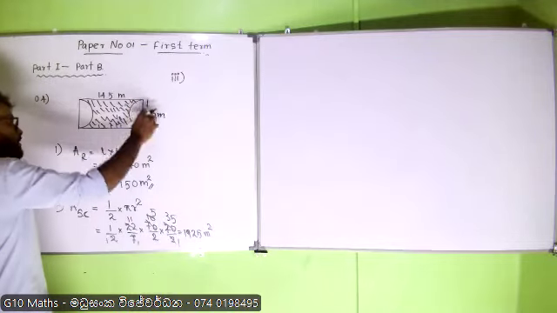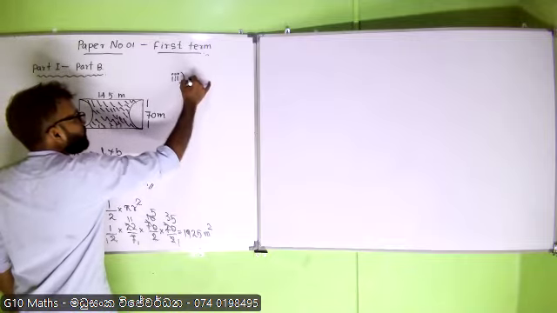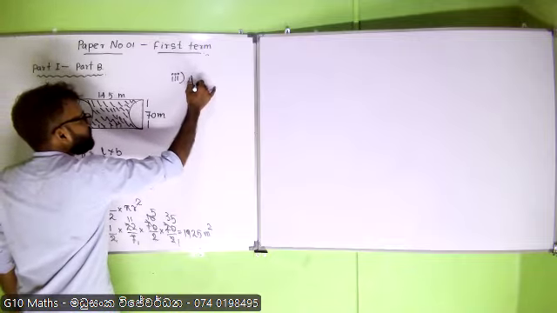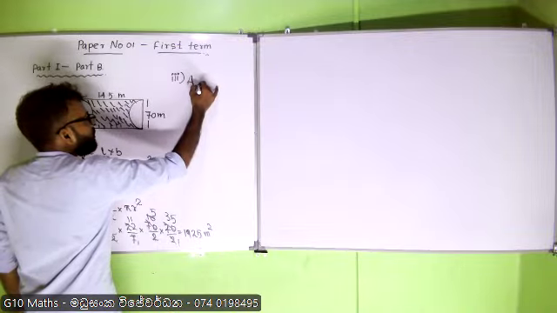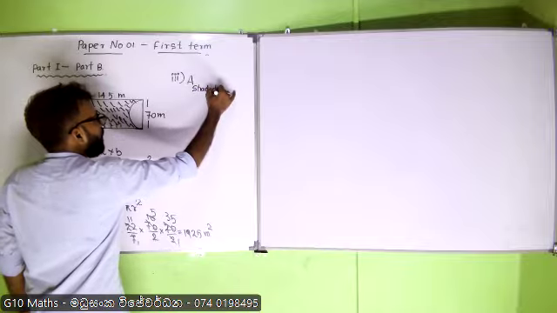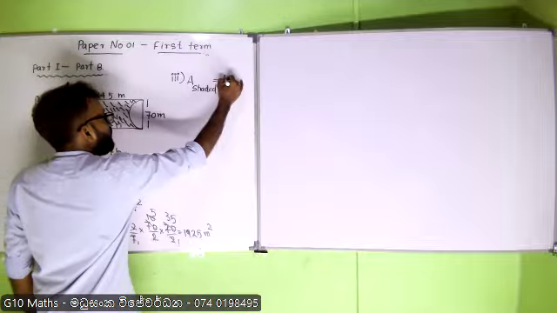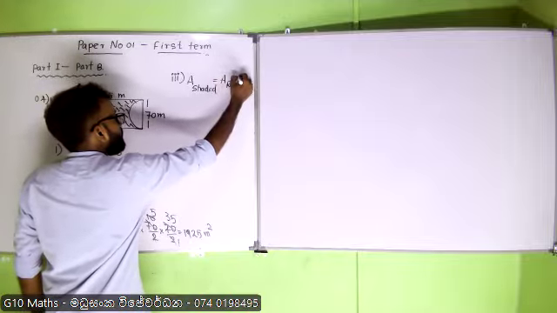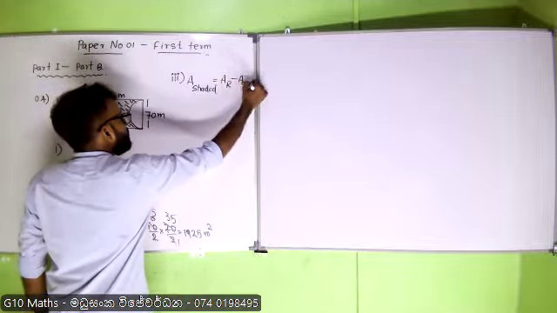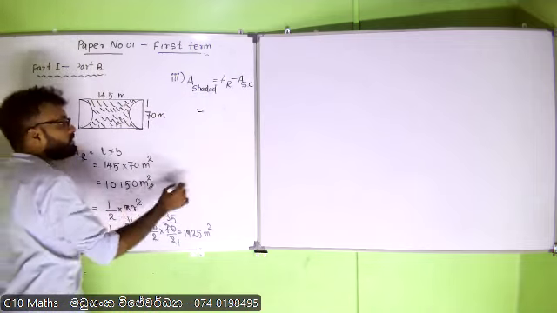So from the total area of the rectangle, the area of the shaded part you can obtain as area of rectangle subtract area of semicircular parts. So that is the logic.